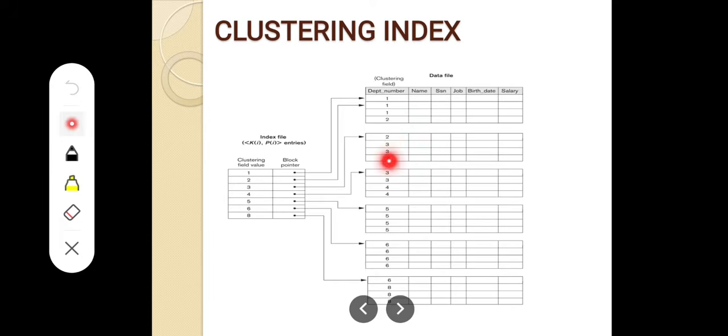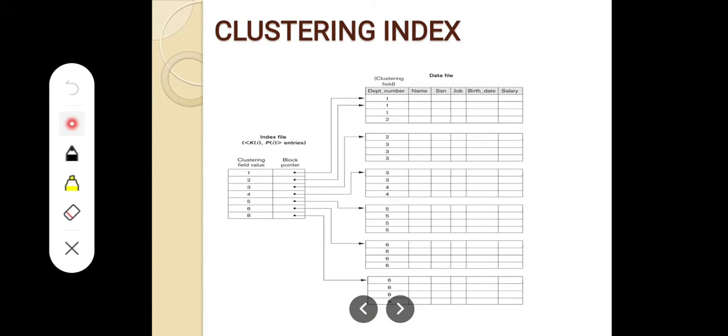Because the values are repeating. See, 1 is repeating 3 times, 2 is repeating 2 times, 3 is repeating 4 times, 4 is repeating 2 times, 5 is repeating 4 times, and so on. So this cannot be considered a key or a primary key. That is why, in a clustering index, the file records are physically ordered on a non-key field. Such a field in the data file is called a clustering field.